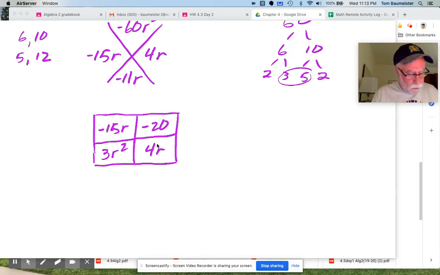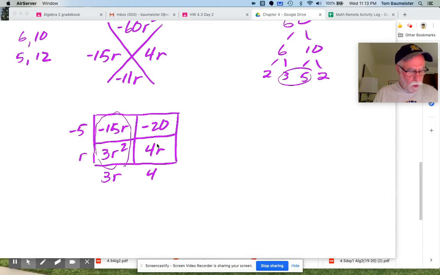Remember, after that, I told you to factor the boxes. So I started with this one right here. What can I factor out? I can factor out a 3r. Then 3r times what equals 3r squared? That's r. 3r times what equals negative 15r? You would tell me that would be negative 5. And then r times what gives you 4r?